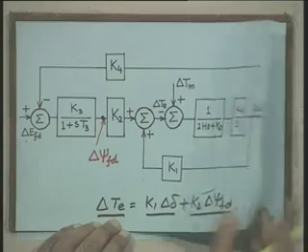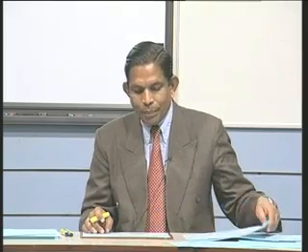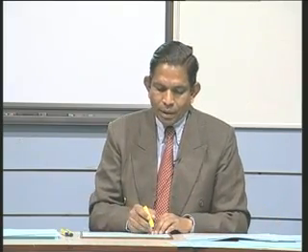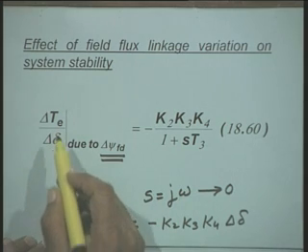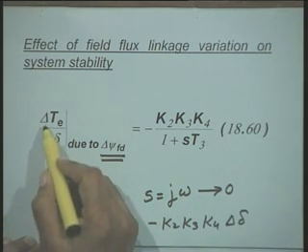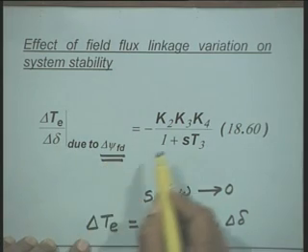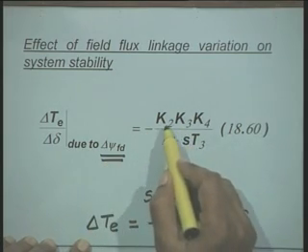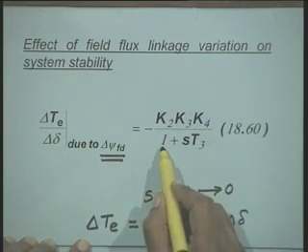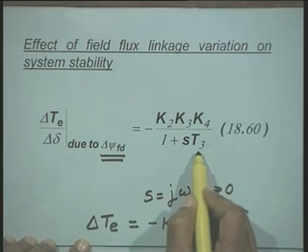Therefore, delta T due to the change in field flux linkages can be related to the change in delta delta by this expression: delta T divided by delta delta due to delta psi f d equal to minus K 2 K 3 K 4 divided by 1 plus s times T 3.